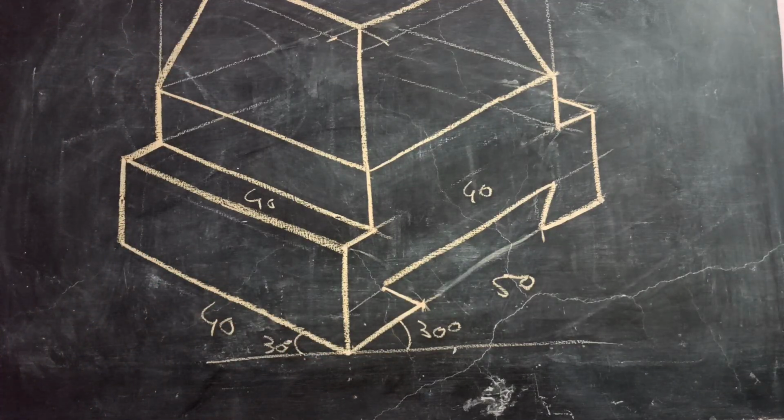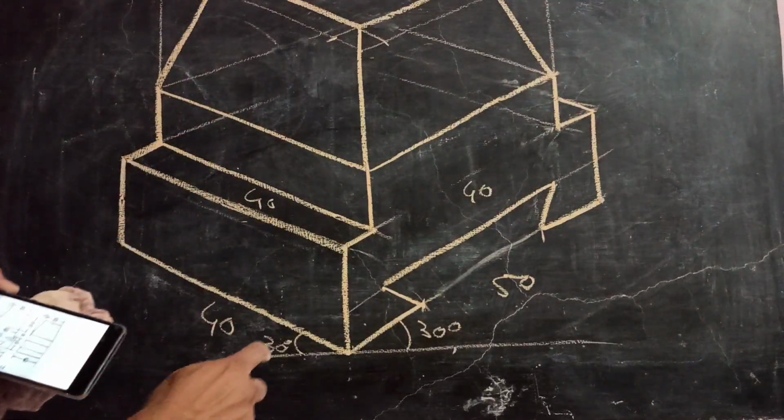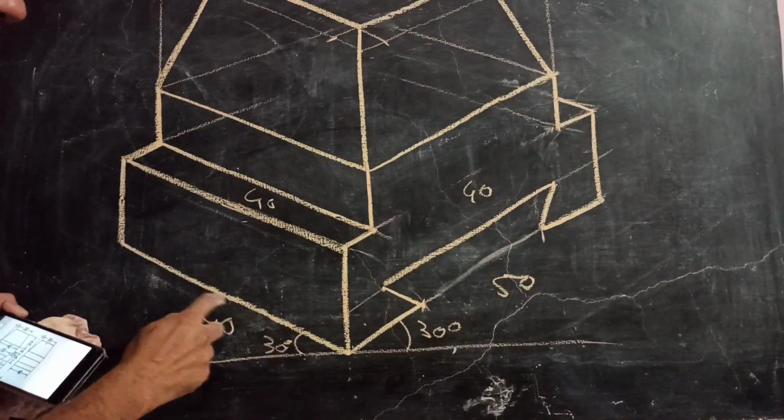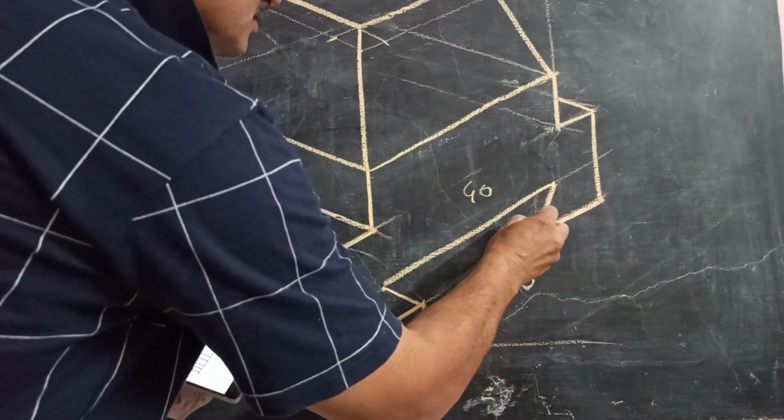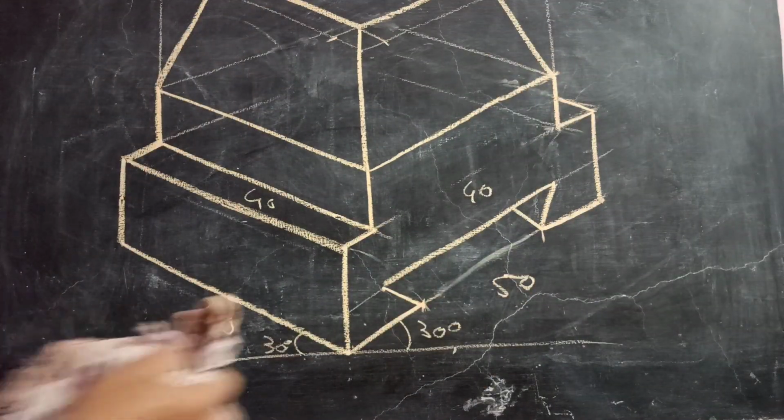So this is the solution for this problem, where you can draw a small line parallel to this from this corner. So it will give you the shape of this problem.